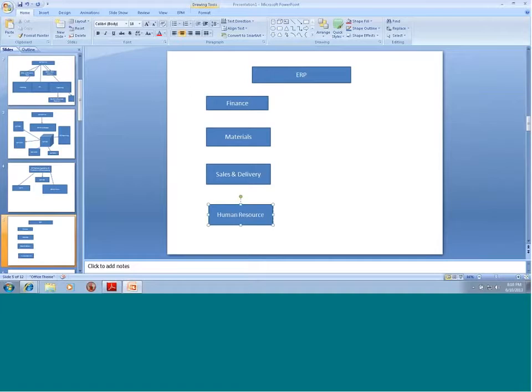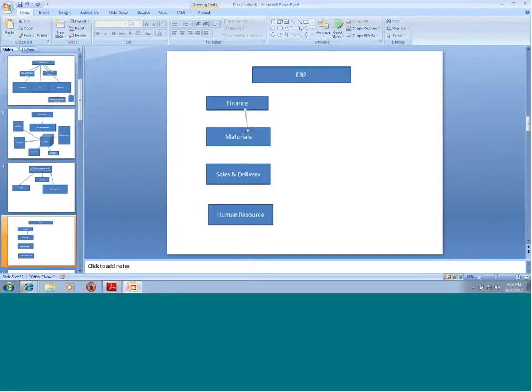For a company to run efficiently and function properly, all these different departments, let's say finance, materials, sales and delivery, and human resource, should be interacting properly at the correct time, so that data moves seamlessly from one department to the other. And as Gary mentioned, it should be close to real time, so that there is a correct picture of what is there in the company and how data is moving.